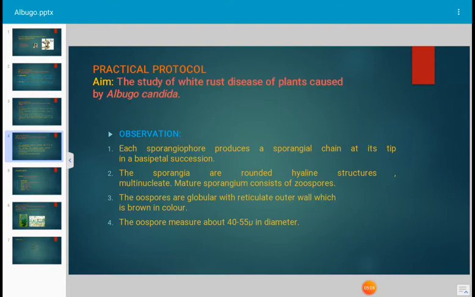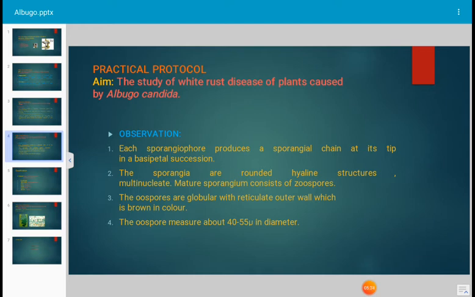In the heavily infected leaf, you can see the globular oospores. The oospores are the product of sexual reproduction in the fungus. Oospores are thick walled, the outer wall is reticulate and protects the inner content, and mostly the oospores are brown in color. These oospores remain in the soil for a long duration. They measure about 40 to 50 microns in diameter.